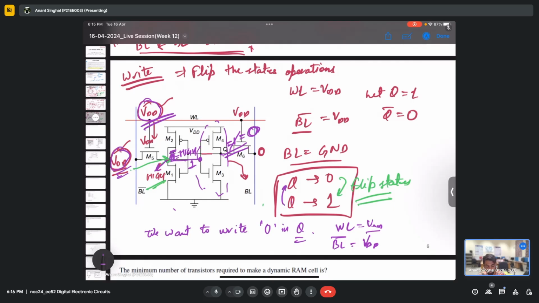Similarly, if we wanted to write 1, we need to give the bit line. So we can write 1 from this side now. Let's say we have a 0 here and a VDD here. It will not conduct, it will still remain in the 0 state. That will make Q complement high. So now the Q complement, that is 1, will be stored in the left state. This is how it can store whatever you want in this circuit.